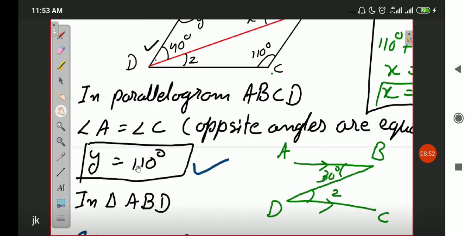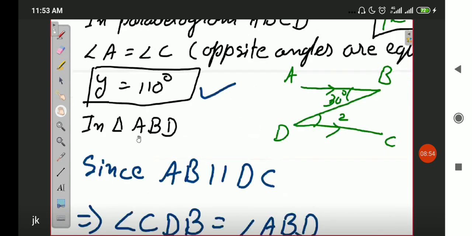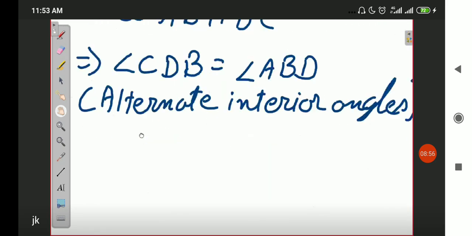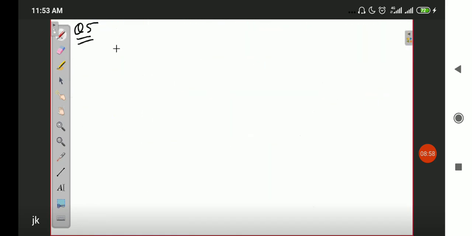Okay. Next is question number 5. Question number 5 is: the diagonals of a parallelogram ABCD intersect at P. I am writing it in short form.